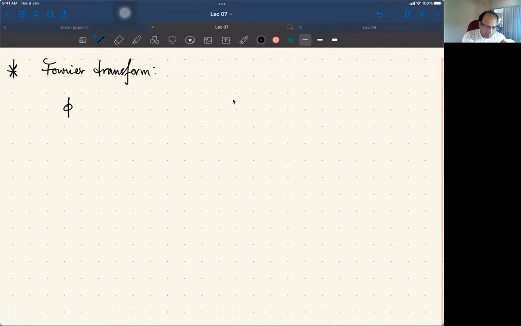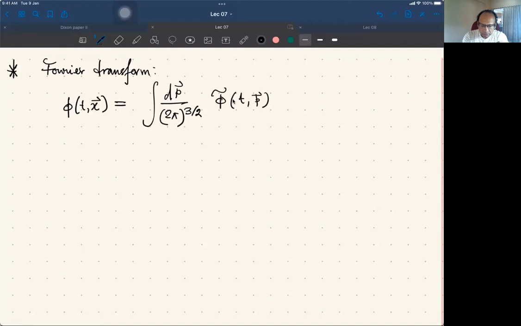And that will be phi(t, x vector) equals integral d^3p vector by (2 pi)^(3/2) phi tilde(t, p) e to the power i p dot x. So we are Fourier transforming only along the spatial directions. And so we have a new field in position space description of the field.